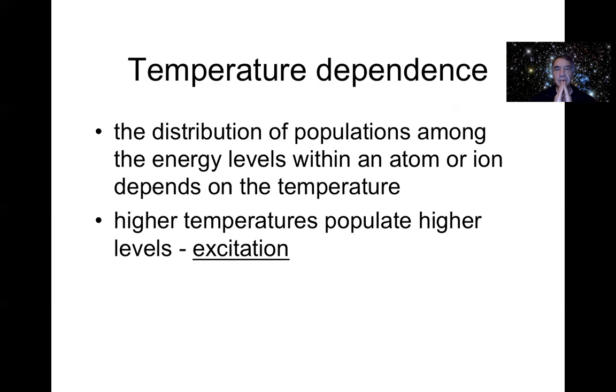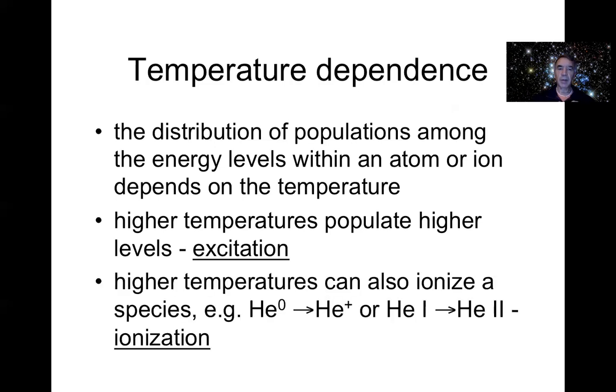So the next thing to ask ourselves is what happens if you keep on heating it? You're going to get electrons going up to higher and higher levels, 3, 4, 5, 6, all the way up. What happens if you heat it too much? Your electron is in danger of being removed entirely from the atom, and that leads to the process of ionization.